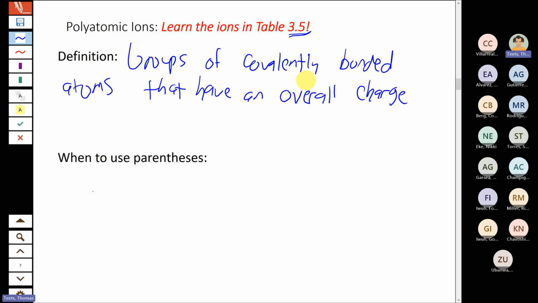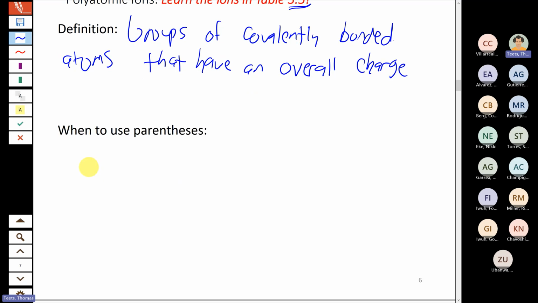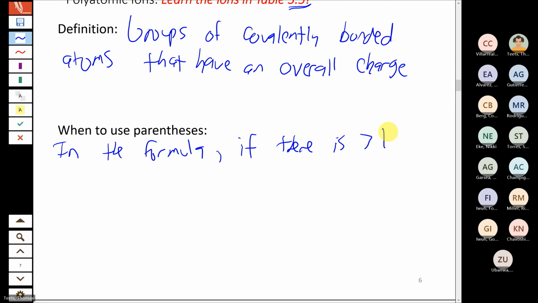All right, but when you're putting polyatomic ions into the formula of an ionic compound, if there's more than one of those ions in the formula, just like we can have more than one chloride or more than one sodium ion in a formula, as we saw already today, it needs to be enclosed in parentheses. So if there's more than one in the formula, parentheses are used to enclose the entire ion.